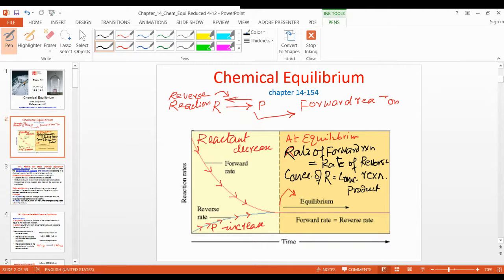We will study here. So, you understand about this graph? Anything not clear in this graph related to the equilibrium, forward rate, forward reaction, reverse rate, reverse reaction?